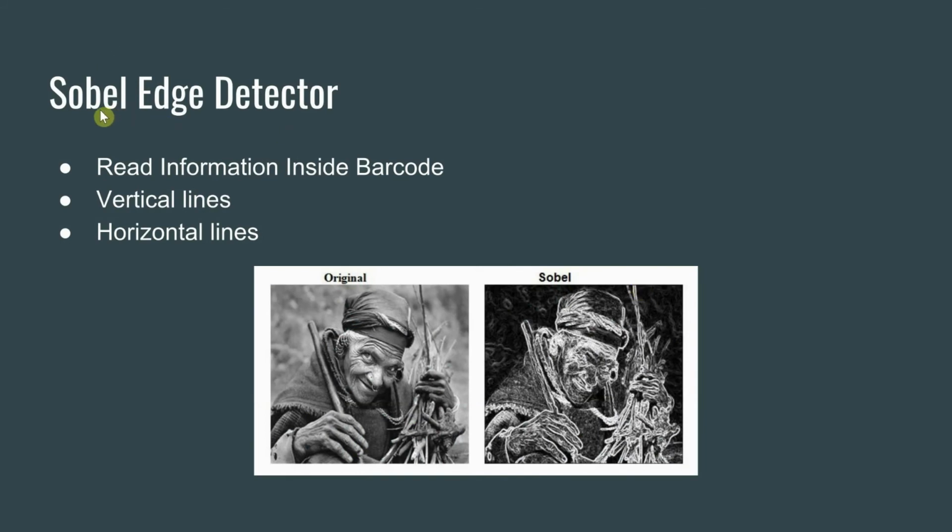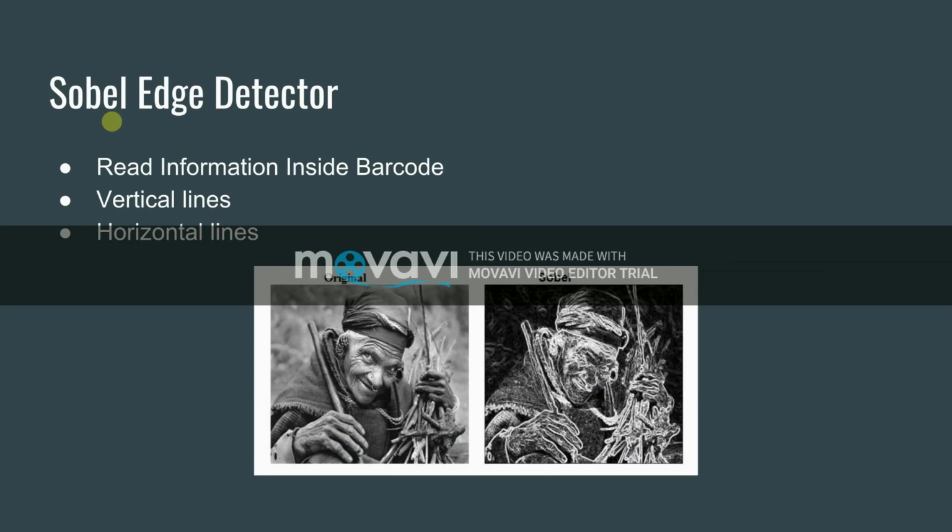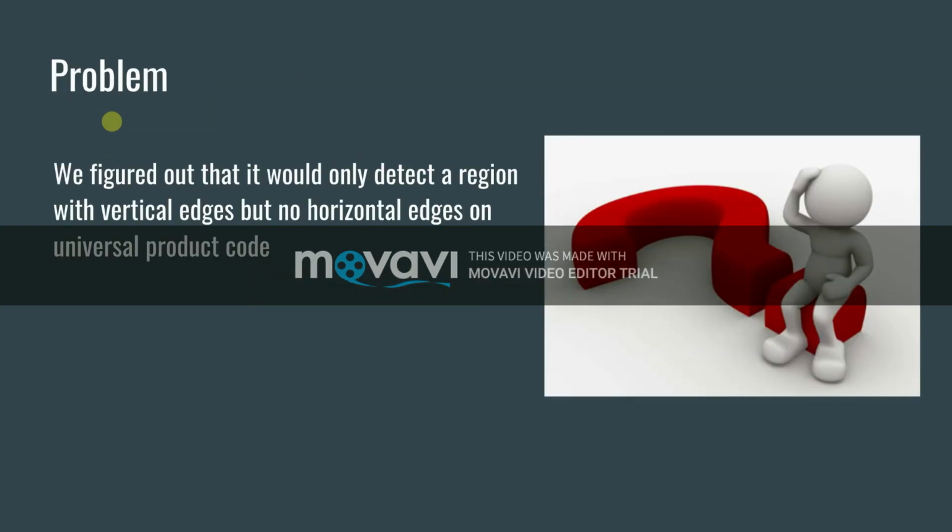The Sobel edge detector was very helpful to read the vertical and the horizontal lines. It automatically does the edge detection for you, vertical and horizontal.